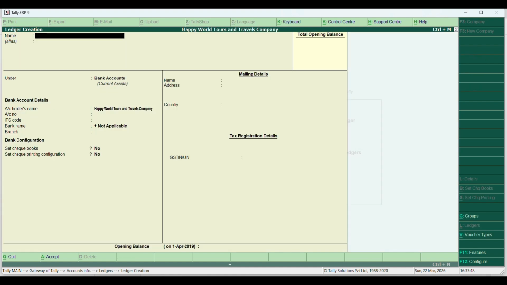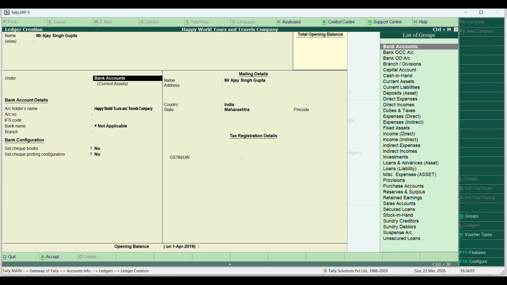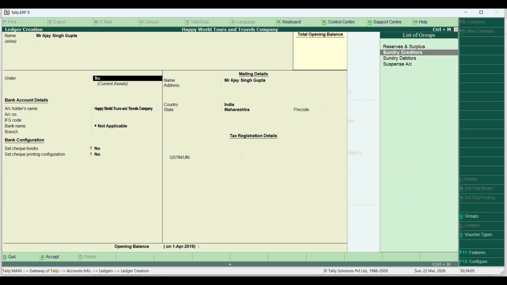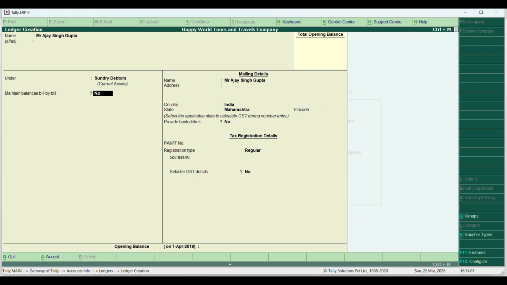create. So what we have to create now, Mr. Ajay Singh Gupta. So again we are selling the service, so sundry debtors. We don't want anything bill by bill.